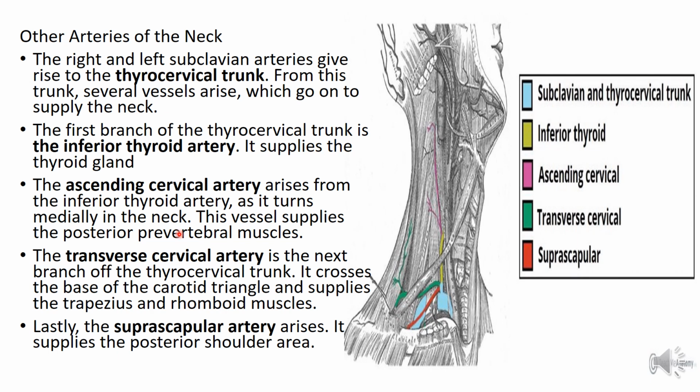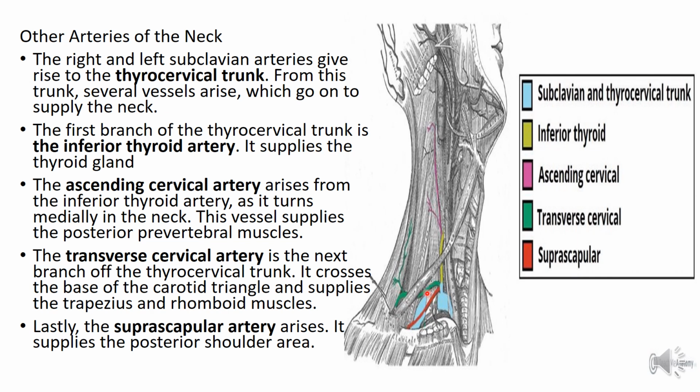It supplies the posterior prevertebral muscles. The next branch is the transverse cervical artery. This green colored vessel is the transverse cervical artery, near the inferior thyroid. It supplies the trapezius and rhomboid muscles.